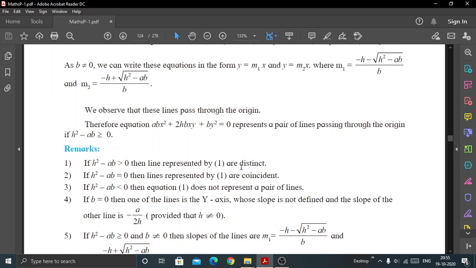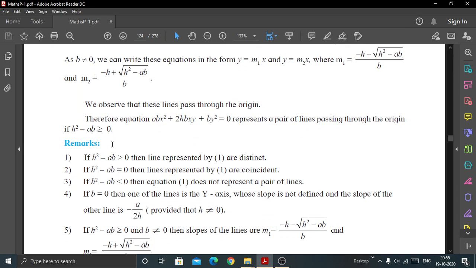Thus, we observe that these lines pass through the origin. Therefore, the equation ax² + 2hxy + by² = 0 represents a pair of lines passing through the origin if h² − ab ≥ 0.